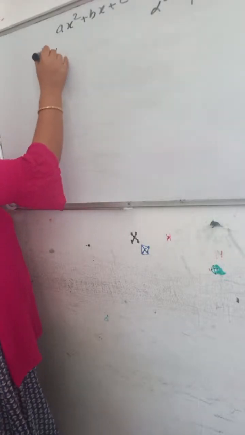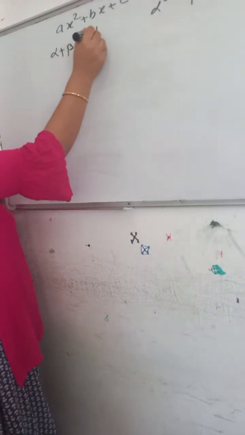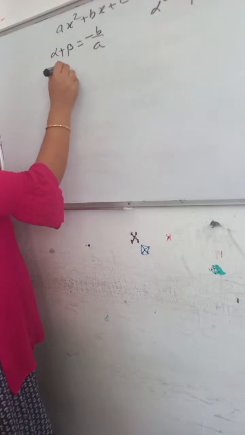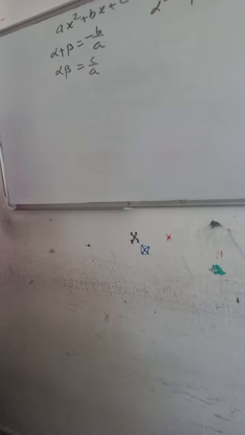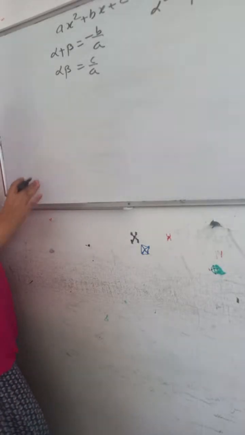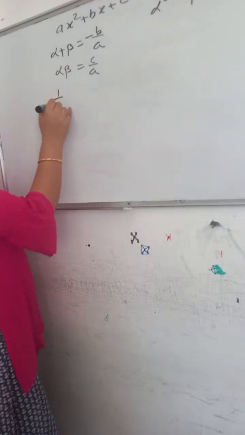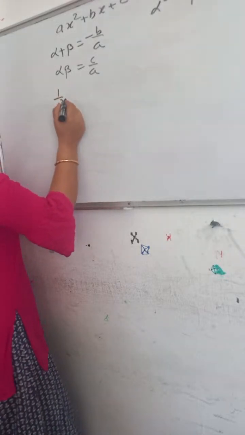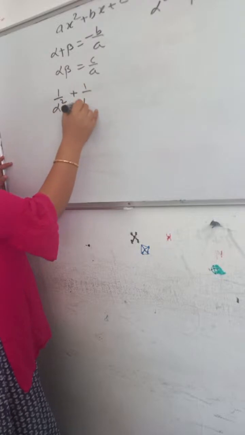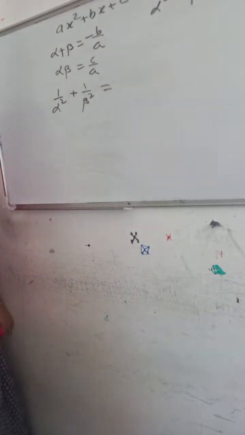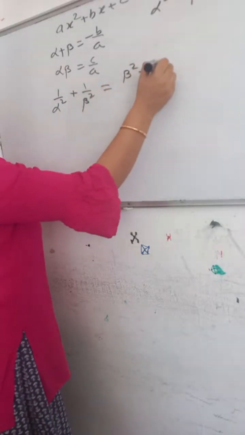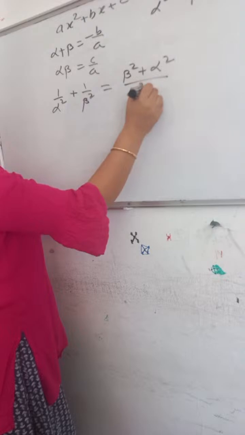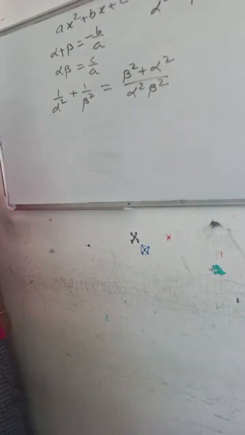So here alpha plus beta is minus b by a, and alpha into beta is c by a. These values will remain as they are, as the equation contains the variables in the form of a, b, c. So here they are asking 1 upon alpha square plus 1 upon beta square. Take cross multiplication: beta square plus alpha square upon alpha square into beta square.